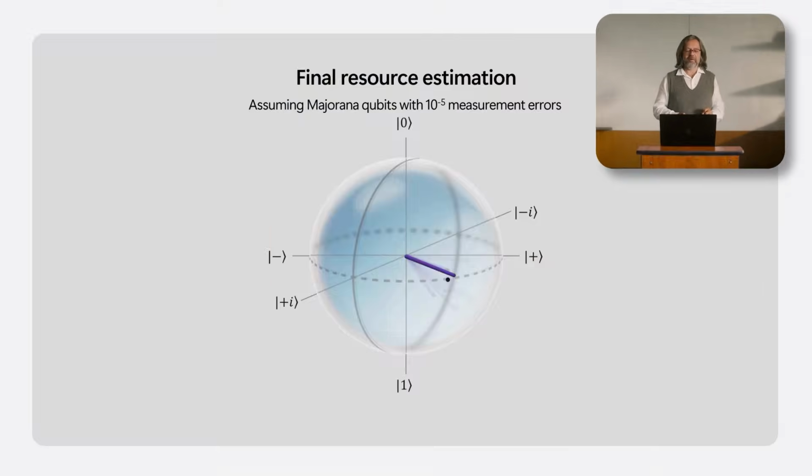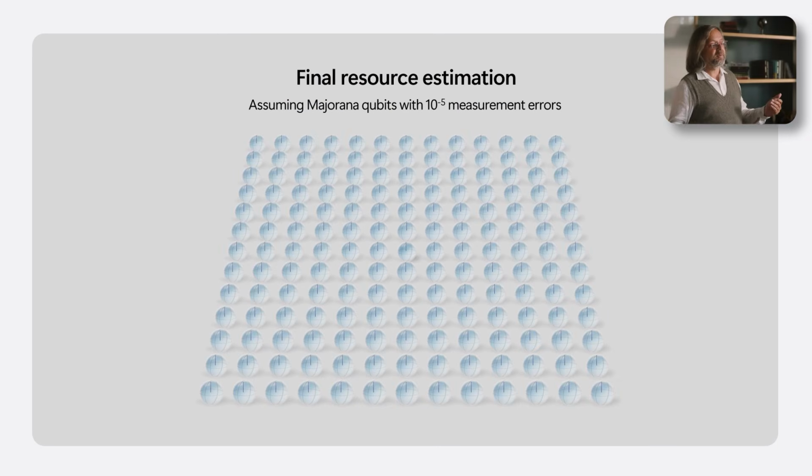So this way now, we know how to encode the quantum information into logical qubits. We know the overhead for this, and we know how to do all of the quantum gates. We can combine that to then get the final estimates, both for the physical qubit numbers and for the runtime.